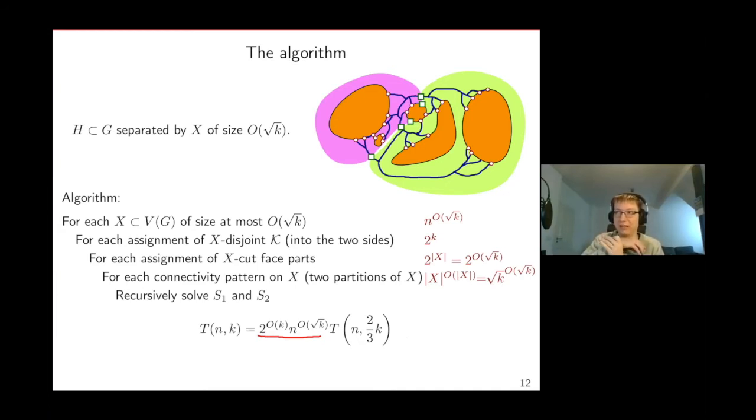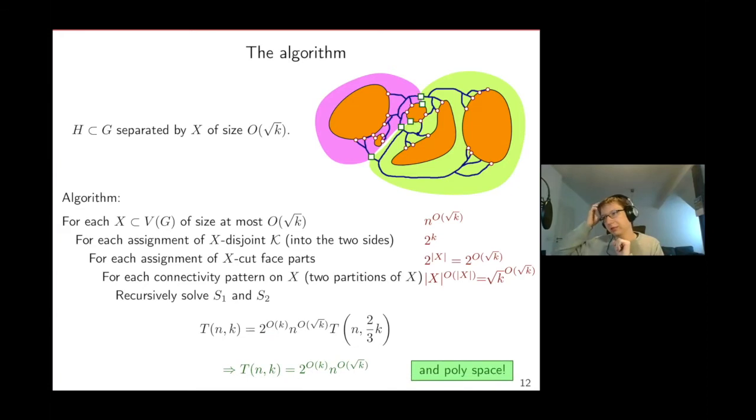So we do not have any terminals from those. And if you solve this recursion, then you get the desired running time. And also, because this is not a dynamic programming, but we're just doing these loops, you can do this in polynomial space. So this is exactly what we wanted.